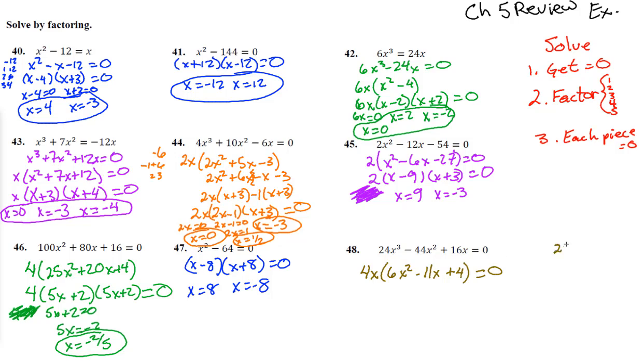So 6 times 4 is 24. That factors into a 1 and 24, or a 2 and a 12, or a 3 and an 8, or a 4 and a 6. And what adds to -11? It looks like those guys right there, -8 and -3. So this is 6x squared minus 3x minus 8x plus 4. Chainsaw.